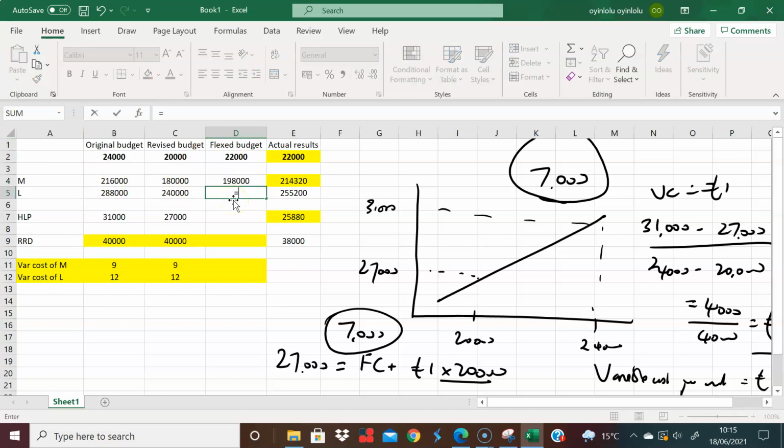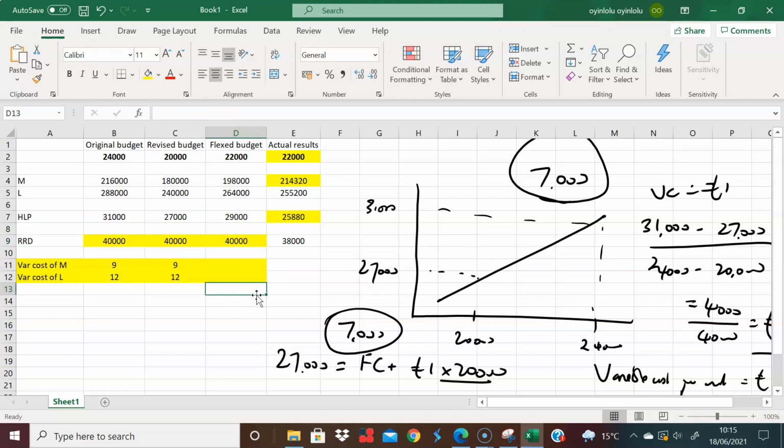I know this is going to be at 12 because that's what we've been talking about, so multiply 12 by that. And then I know that I have a fixed cost of 7,000 plus £1 times my total number of units. Fixed costs remain the same, and you're there. And this is your flex budget. I'll just give it a different color, maybe.